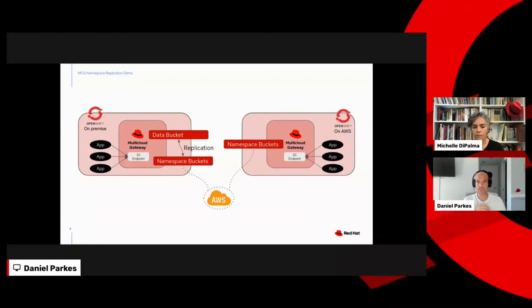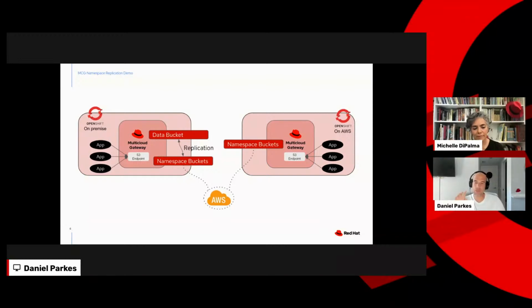I'm going to configure bucket replication between our data bucket and a namespace bucket. By bucket replication, I mean that anything that our photo album application uploads to the data bucket is going to be replicated to our namespace bucket. And this namespace bucket is going to have AWS as its backend store.